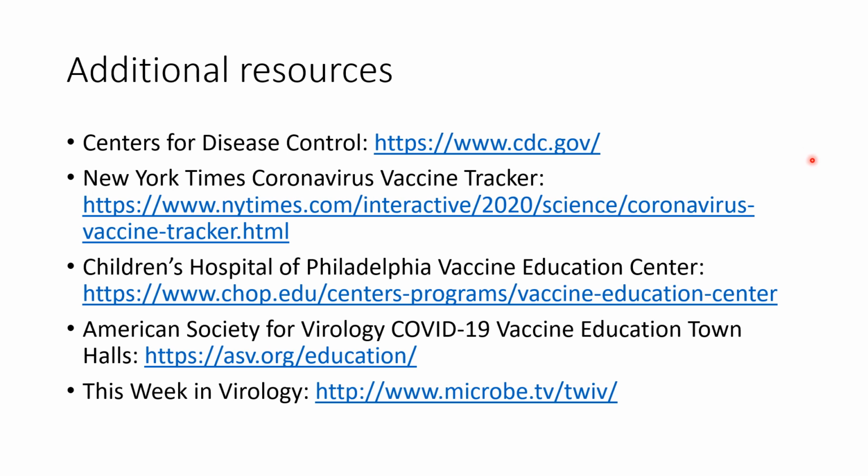And you can find what the latest vaccine candidates are, how they were manufactured, how they work, what they do, which of the vaccine platforms they use. And it's all quite understandable and very well done. It's a great resource. Children's Hospital of Philadelphia Vaccine Education Center has a lot of information on vaccines, availability, how they're administered, and in particular is a great resource for understanding vaccine safety.